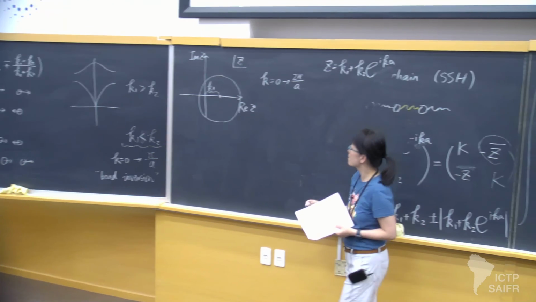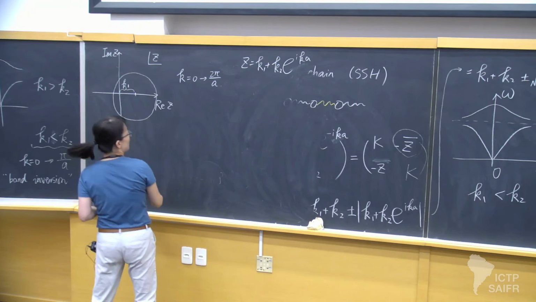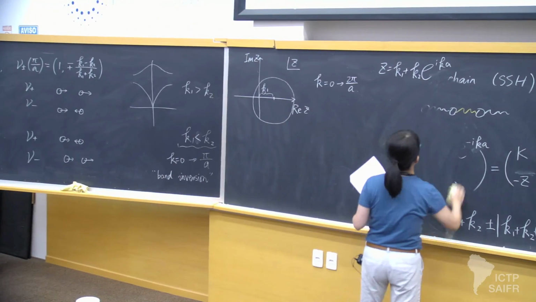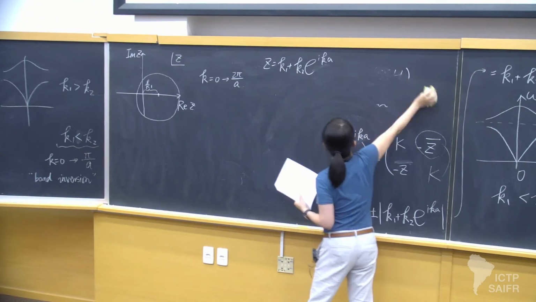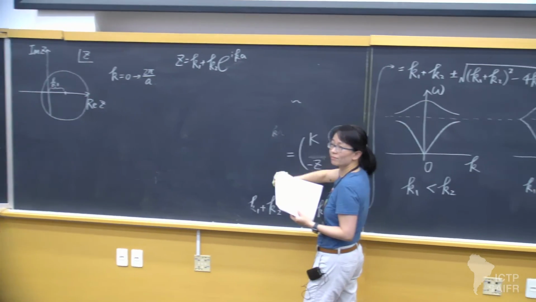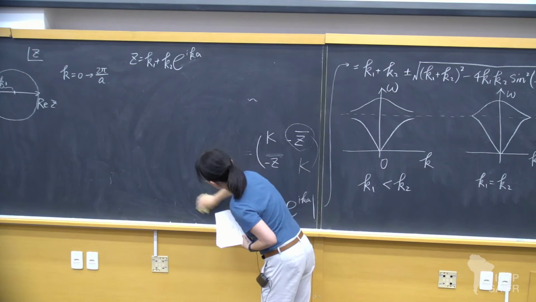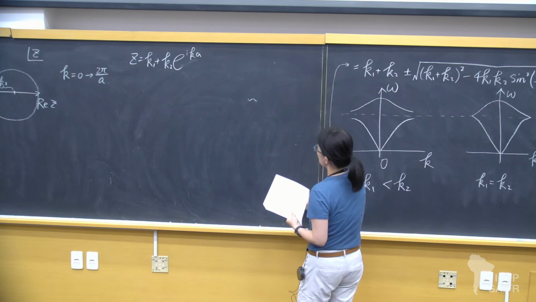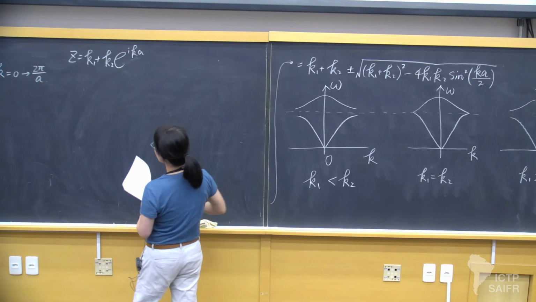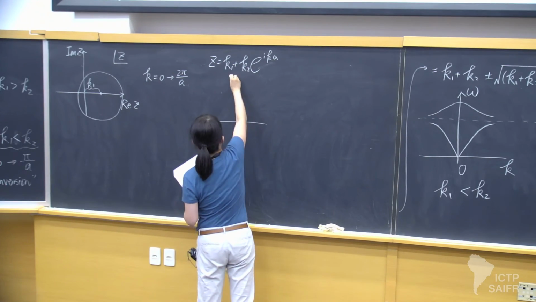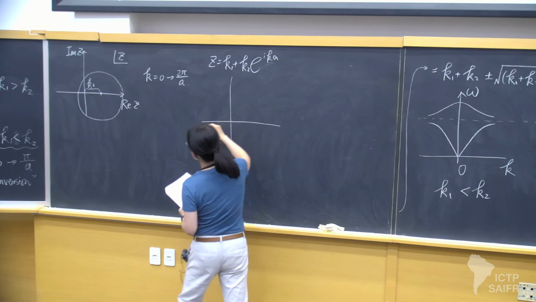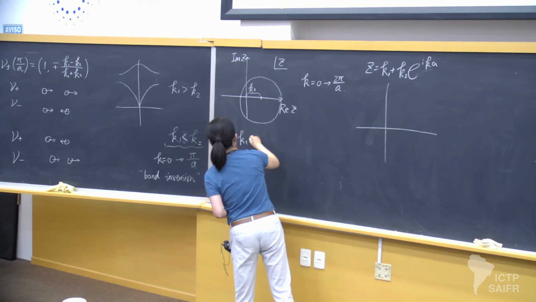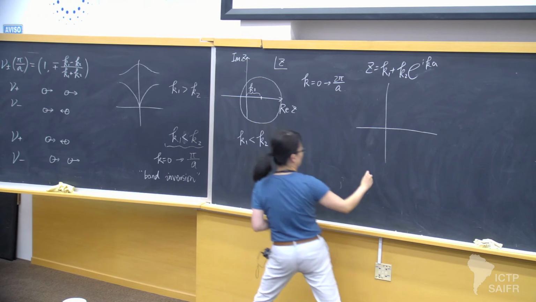and if K1 is equal to K2, what does it look like? It touches the origin, right? This is K1 less than K2.